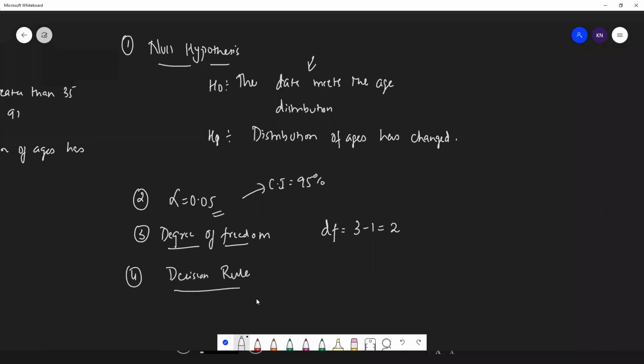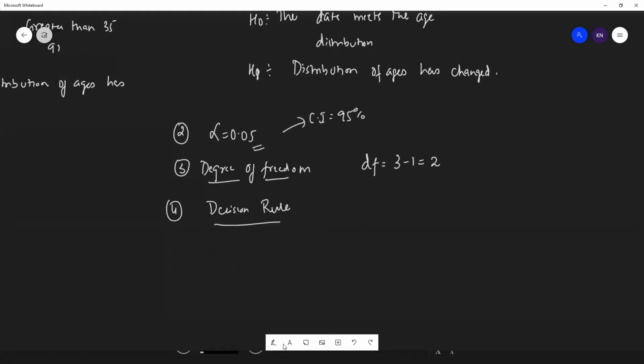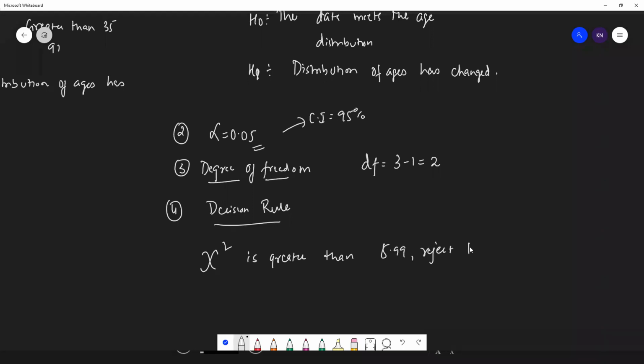Our decision rule will say that if my chi-square value, chi-square is basically given in this notation, is greater than 5.99, then we'll reject the null hypothesis. Everybody agree? Okay, perfect.